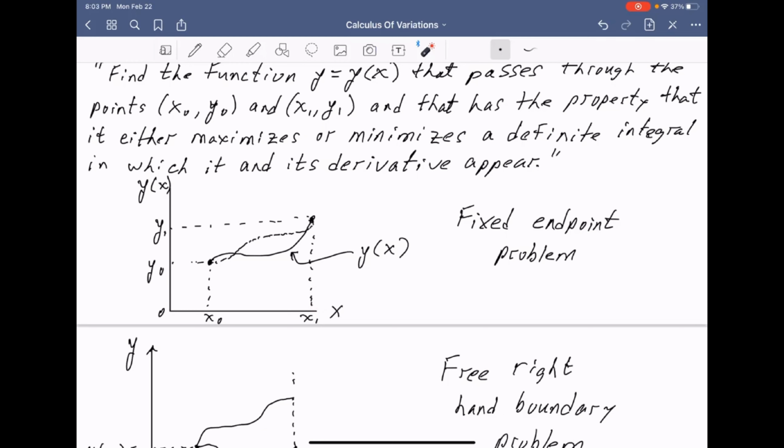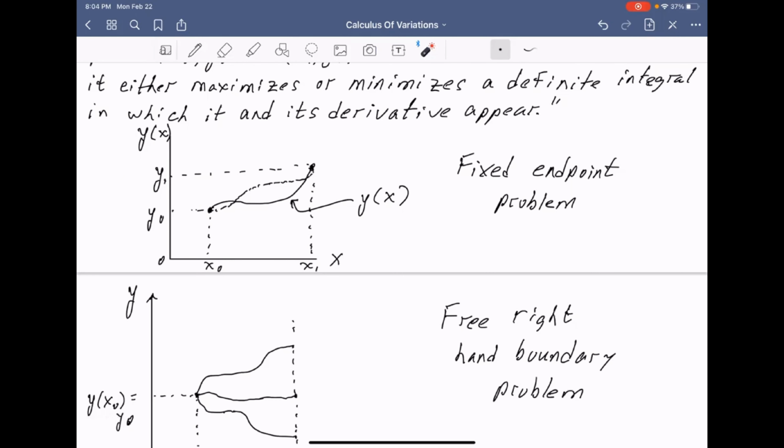And what we want to do is find a function that starts at this point where y0 is equal to some value, and y is a function of x0. So we could put in front of that: y as a function of x0 is equal to y0. And we're interested in finding a function that follows some kind of path to the terminal value, where y as a function of x1 is equal to y1.